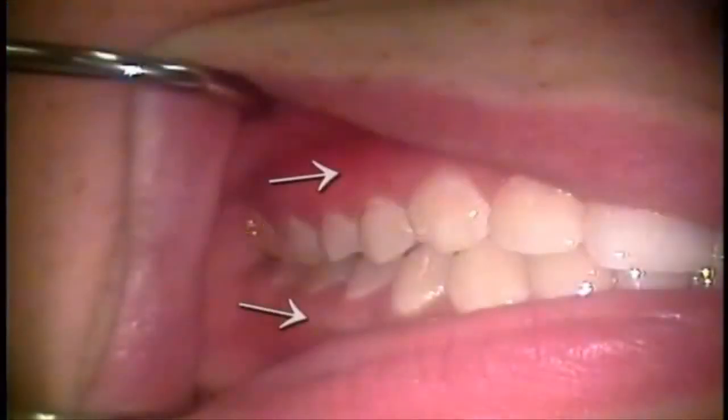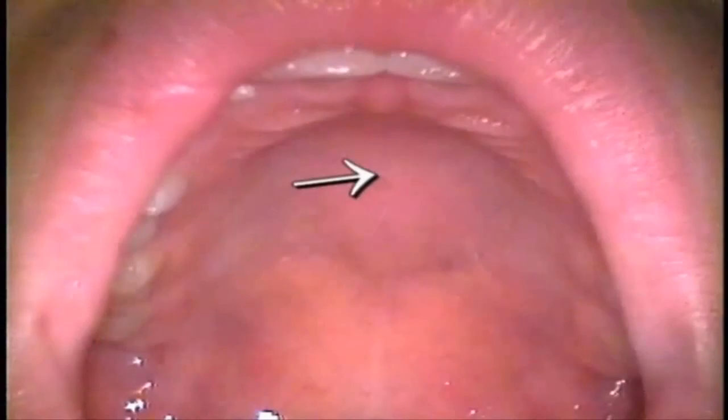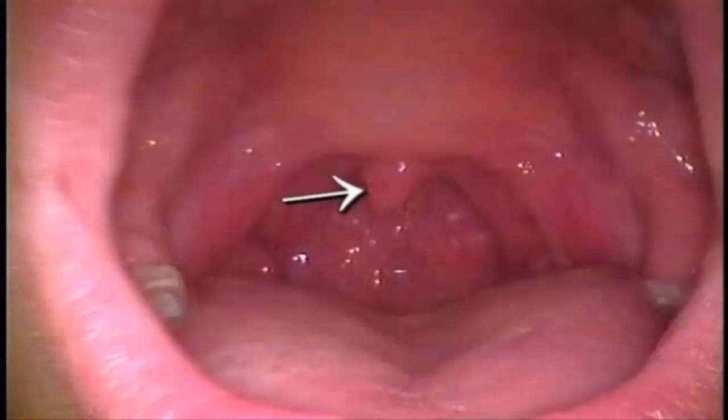Now let's review what we've seen of the oral cavity, the muscles of the cheek and lips, the teeth, the salivary glands, and the pharynx. Here are the gingivae, the hard palate, the soft palate, and the uvula.